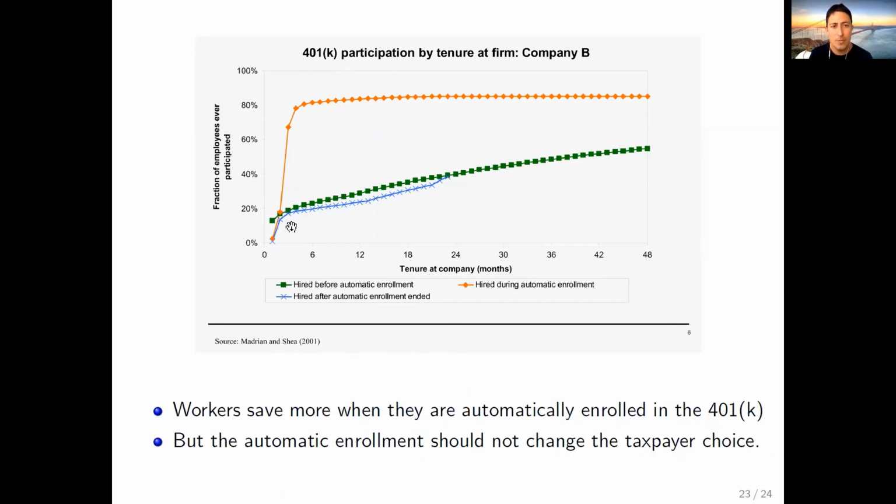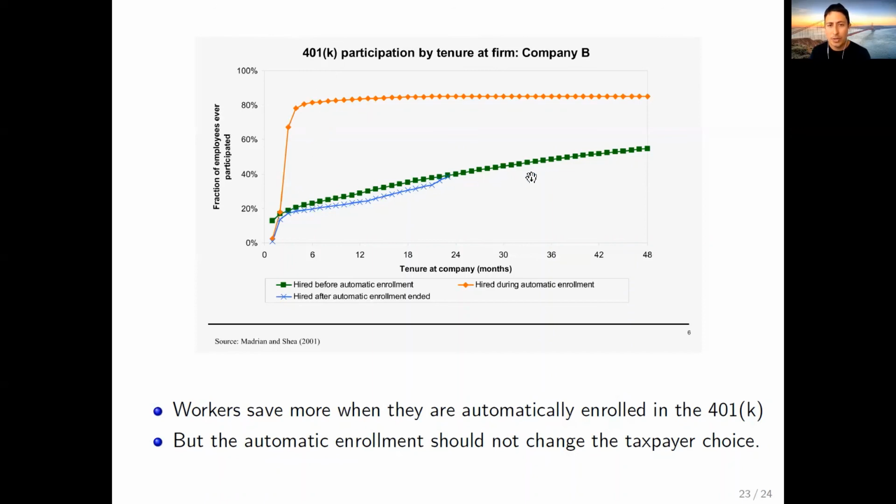But what we're showing here in the green line is that this particular firm used to have a policy in which you would have to opt in to get this 401k savings account. So you'd have to sign up yourself up to a given year. But after that year, all the employees that joined the firm from then onwards started being automatically enrolled in the 401k.